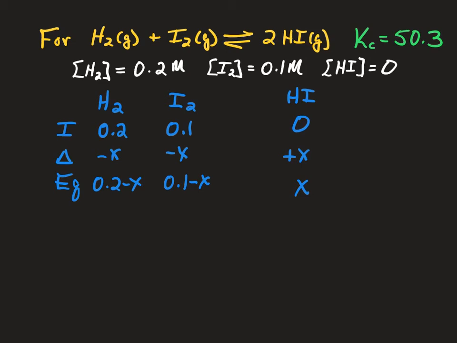Our equilibrium constant expression for this would be that our Kc, 50.3, is going to equal the concentration of hydrogen iodide squared.